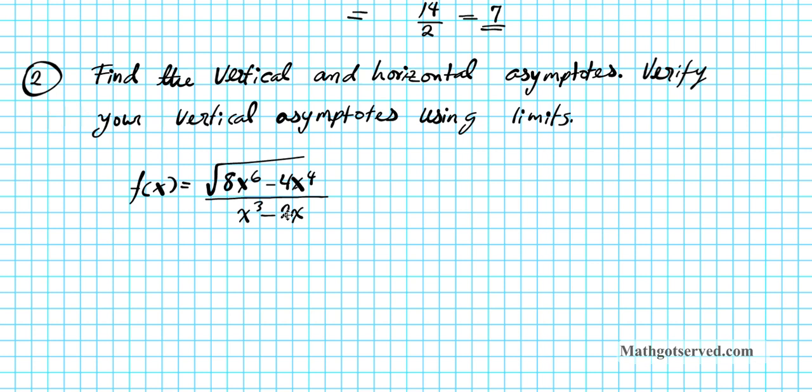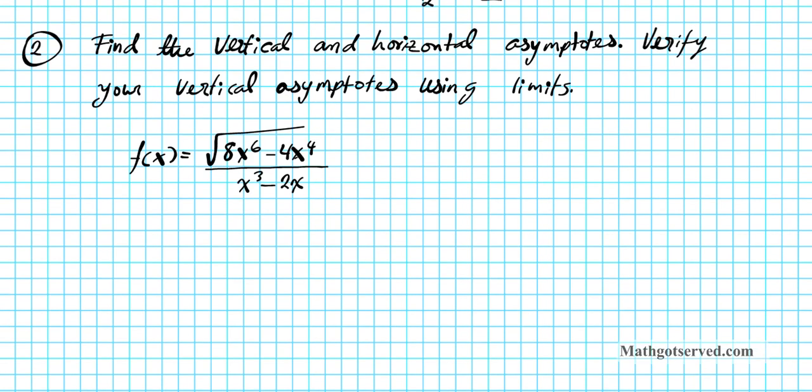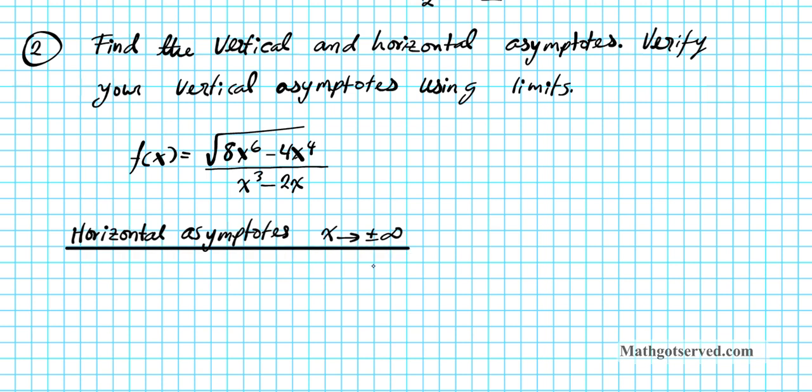We're going to start out by looking for the horizontal asymptotes. To find the horizontal asymptotes, we're going to let x go to plus and minus infinity. Any finite value that it approaches as it goes to plus or minus infinity will be a horizontal asymptote.